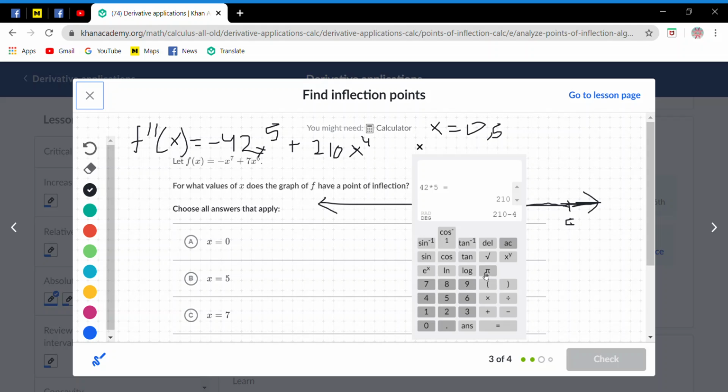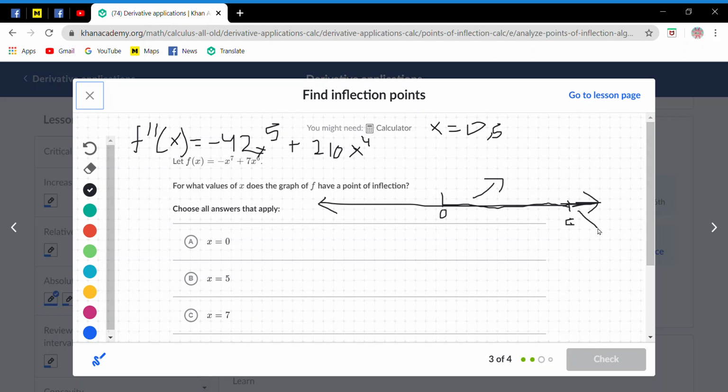So negative 42 times 10 to the fifth power is negative, very high, plus 210 times 10 to the fourth. It's still negative, so our first inflection point is at 5 because it's going from positive to negative.